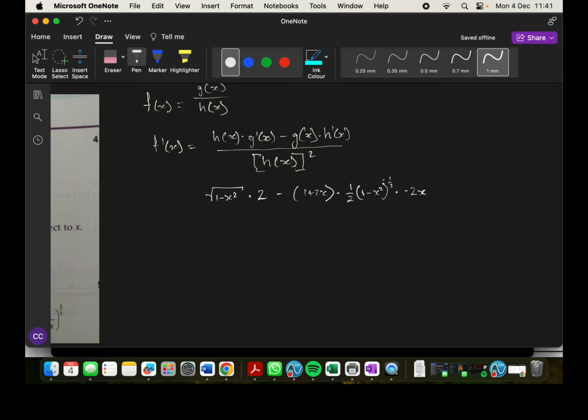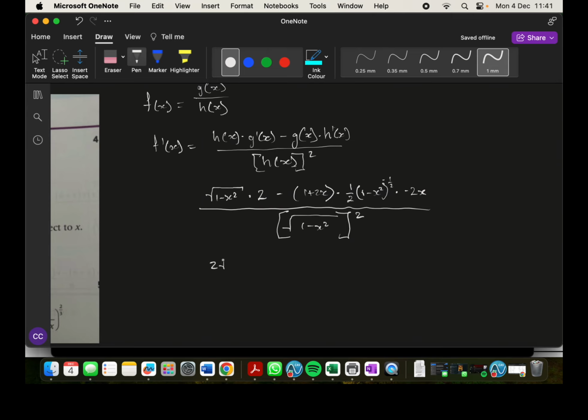All right, I'm just going to work on the denominator of this fraction for a little bit. So this is the square root of 1 minus x squared. Okay, simplifying what I have here.